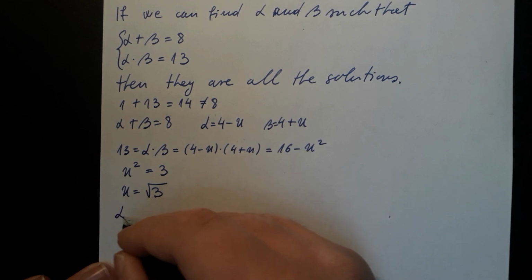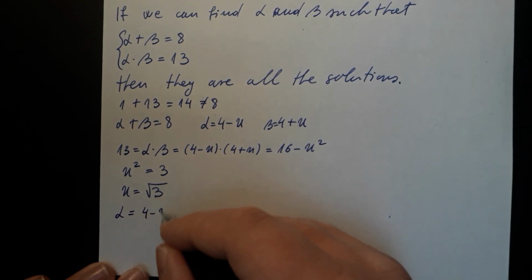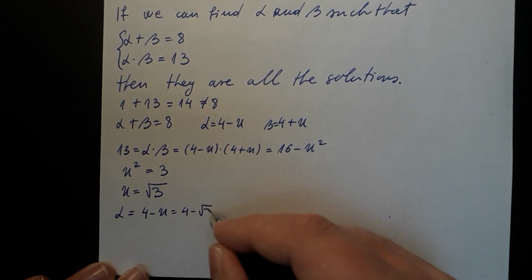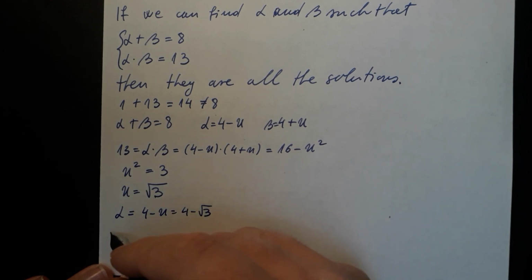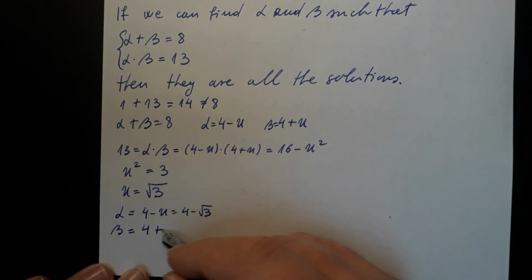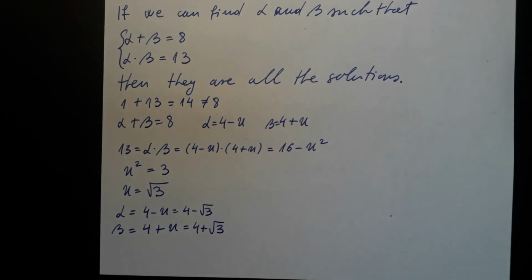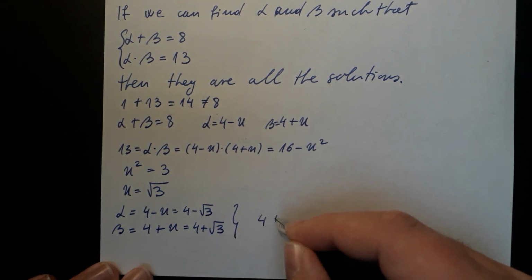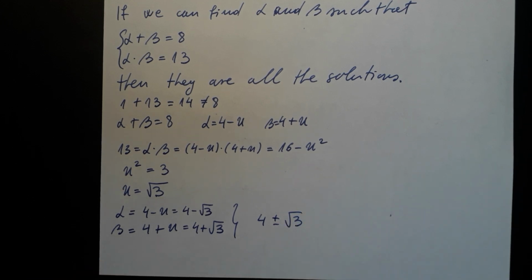Well, then alpha is equal to 4 minus u, which is 4 minus the square root of 3, and beta is equal to 4 plus u, which is 4 plus the square root of 3. And sometimes we write this answer in a more compact way, as 4 plus or minus a square root of 3.